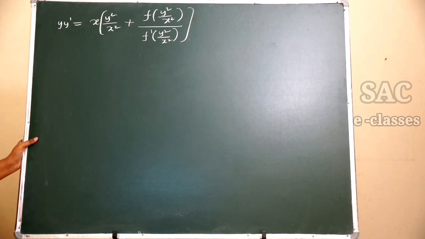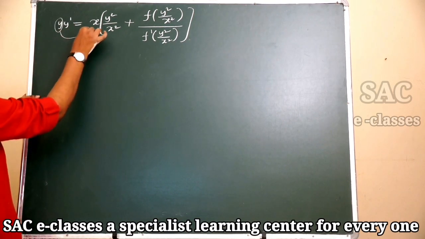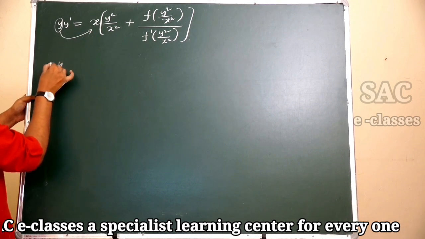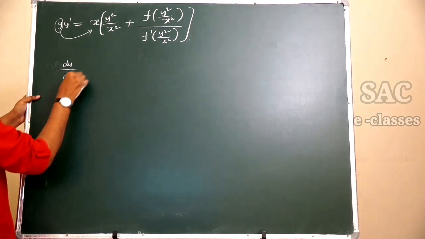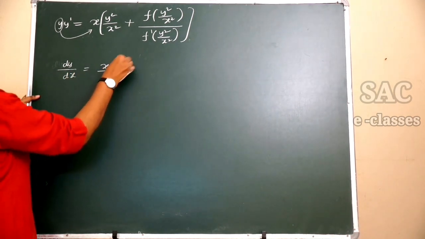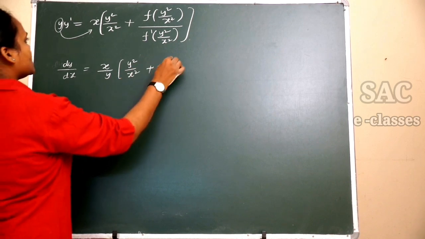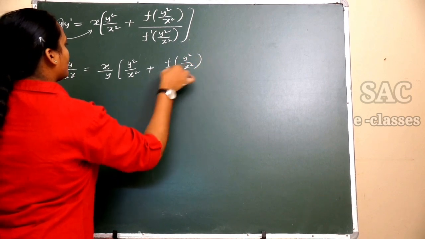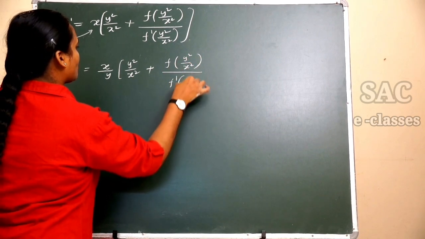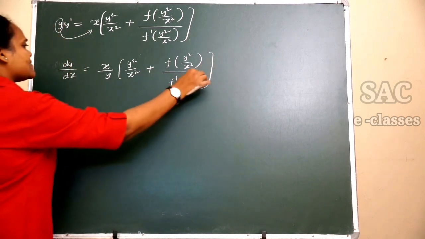For this problem, let me write y dash as dy by dx. To make it very simple, let me proceed with a substitution.